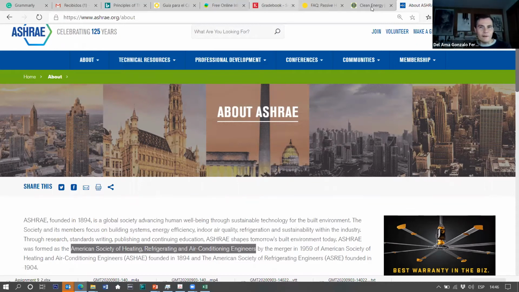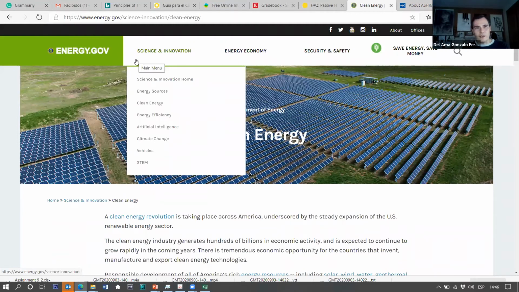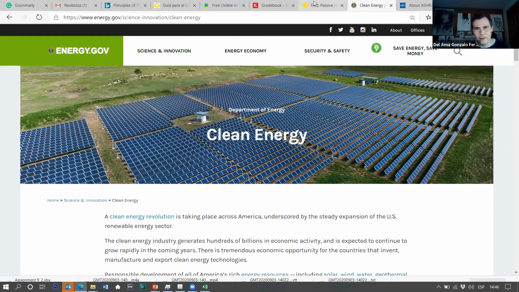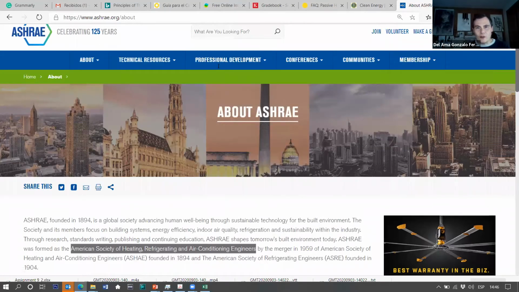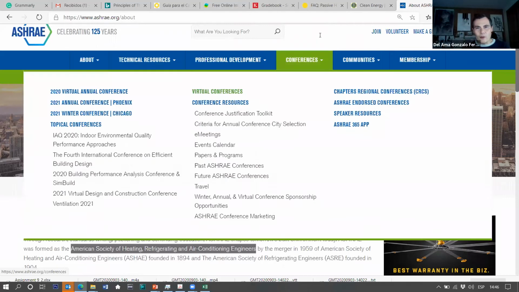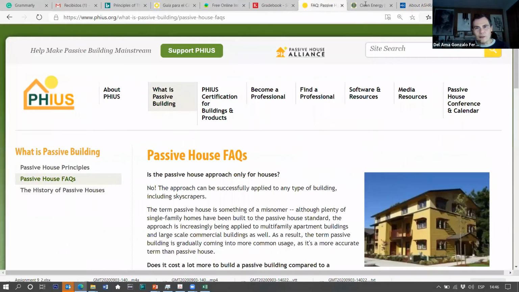And then the Department of Energy includes everything. It includes the energy generation, the energy transport, the energy distribution. So it's broader. Okay, but for these three websites, we don't have to memorize anything, because now we can access those websites. All the answers to our questions will be in one of these websites.